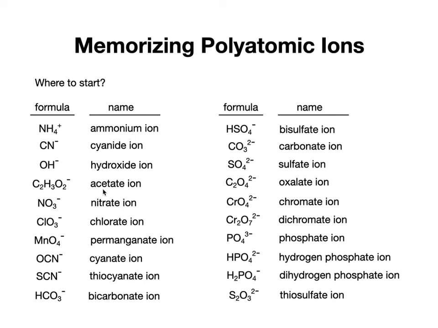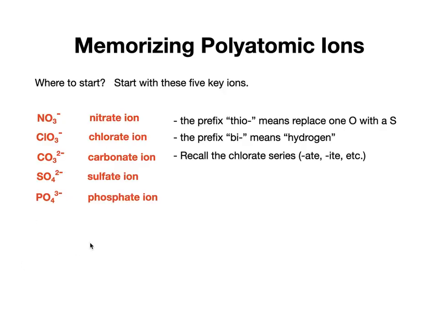But you first started learning the letters, right? And then you learned words, right? And then you learned how to put sentences together, very basic sentences. Well, we're trying to learn the language of chemistry, and we're going to need to know these polyatomic ions, okay? So this is what I suggest you do to start, okay? If you've never had chemistry before and you're just learning this now.